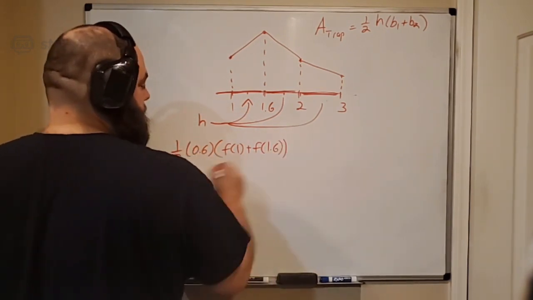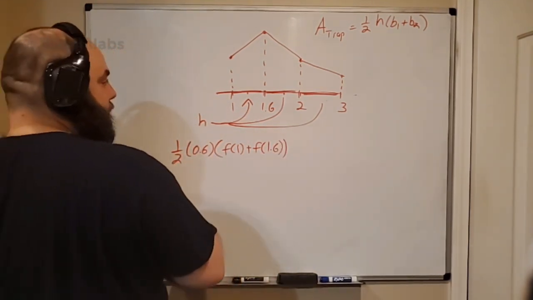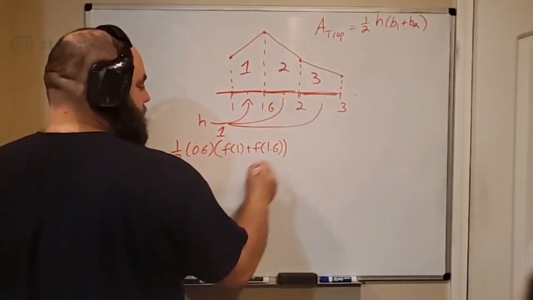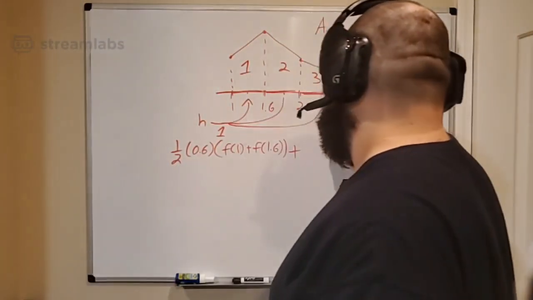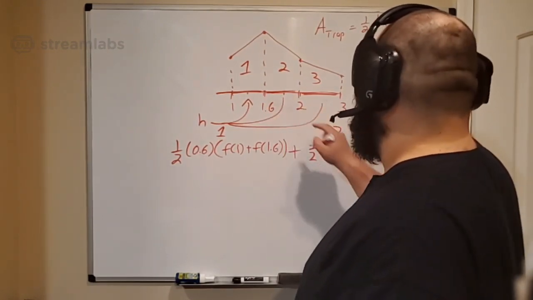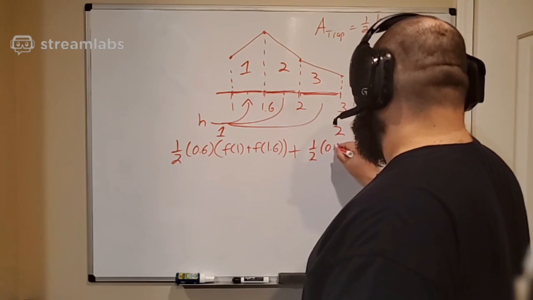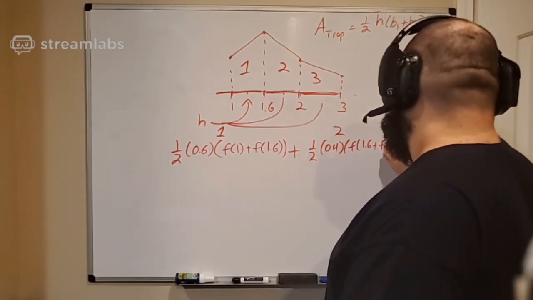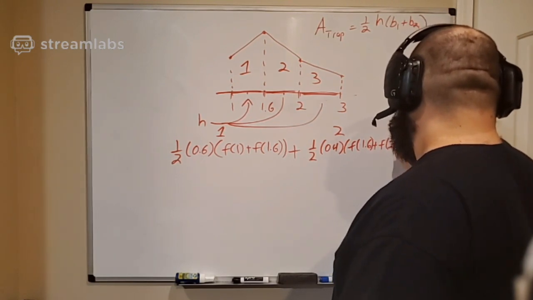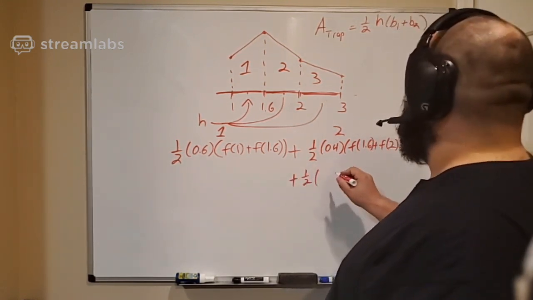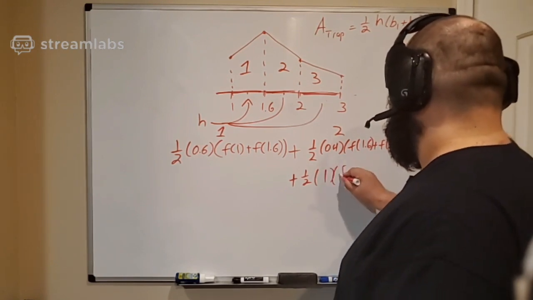So the area for 2 then becomes 1/2, which has a height of 0.4, and base 1 is f of 1.6 plus f of 2. And then the last one is 1/2 times 1 times f of 2 plus f of 3.